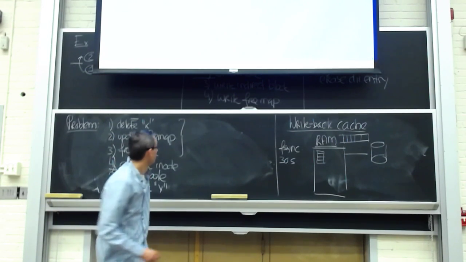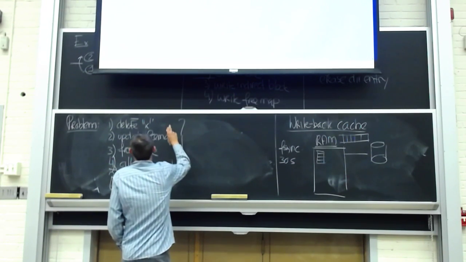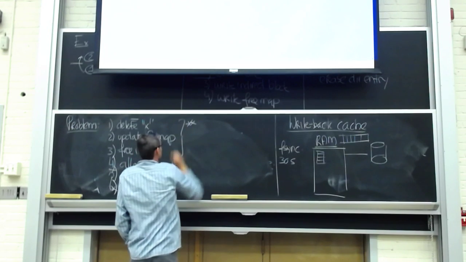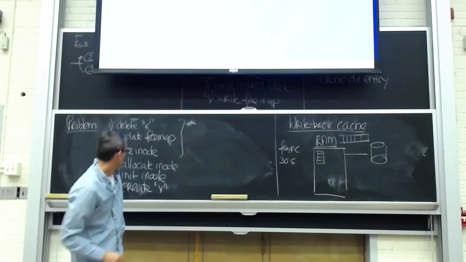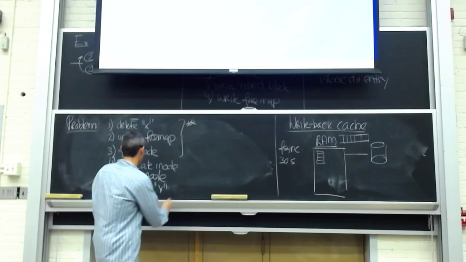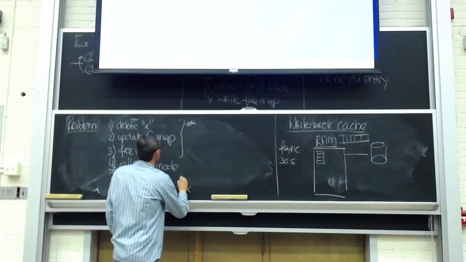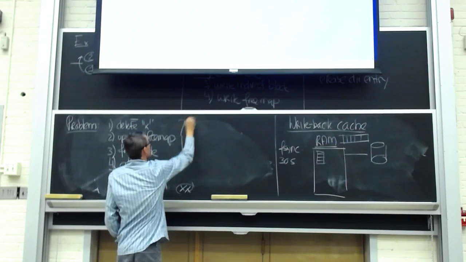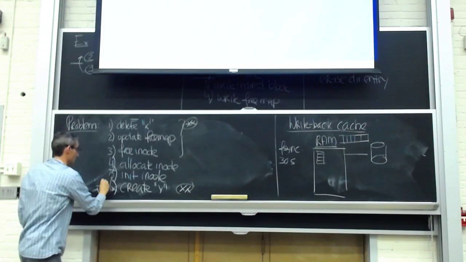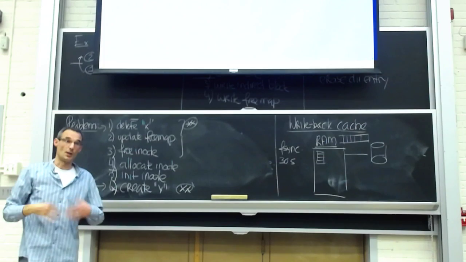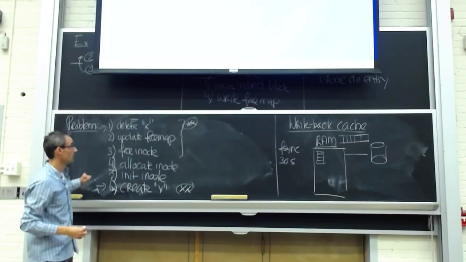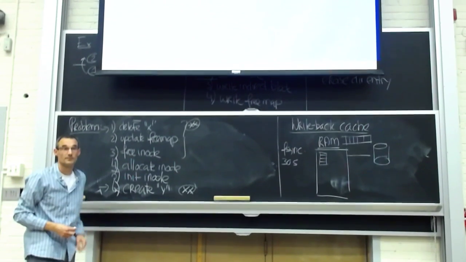So one order could be that this write succeeds, and maybe this write succeeds, these two, the first one and the last one. So whatever file system changes correspond to these two updates succeed, but none of the others.